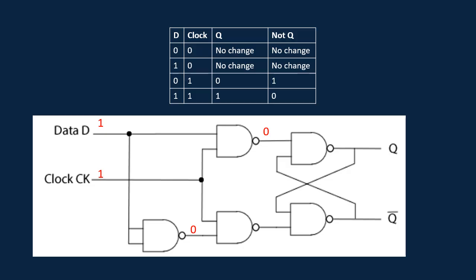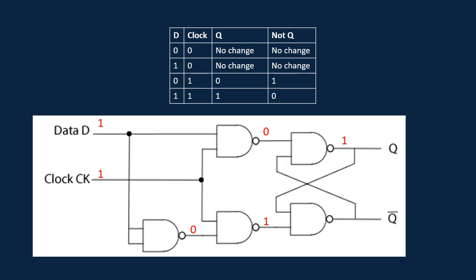And the bottom one here, the data is 1 because it's essentially a NOT gate. The output for that is 0. Then the next NAND gate, you can see the output there is 1 because one of the inputs is 0, and as long as one of the inputs is 0, and the other one is 1, well then the output for that is going to be 1.